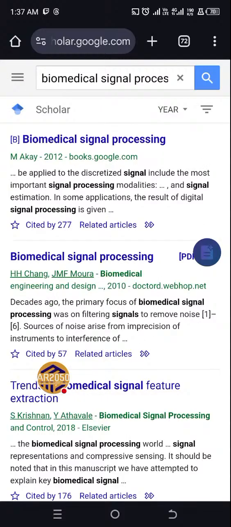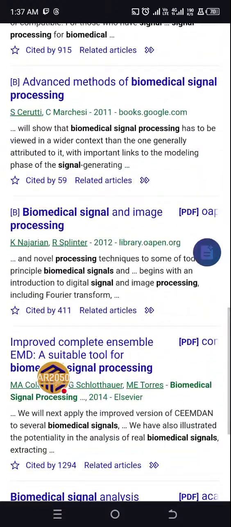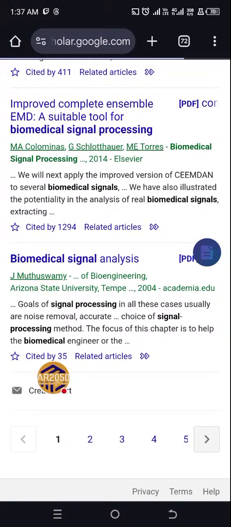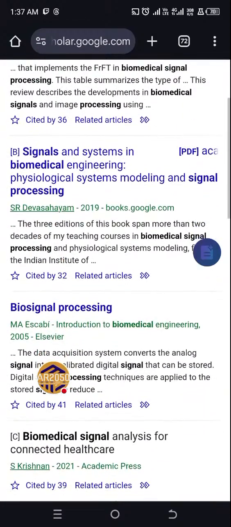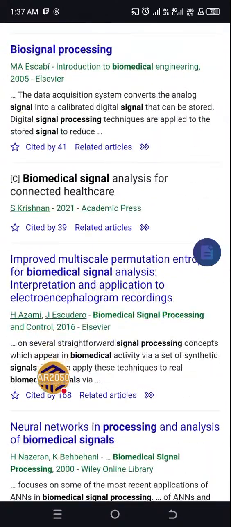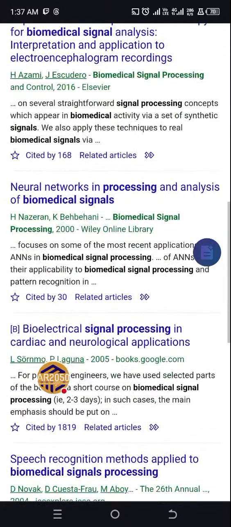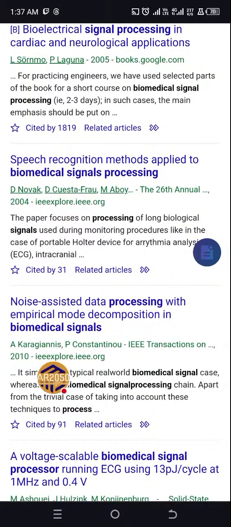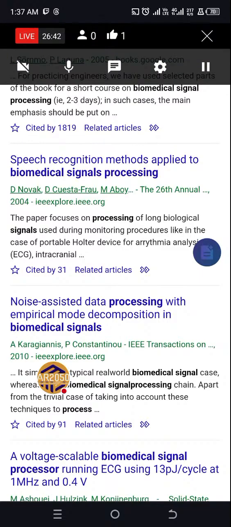Nope, nothing good. Neural networks, noise assisted data processing.